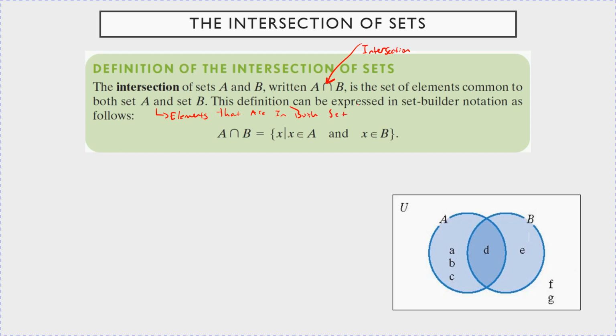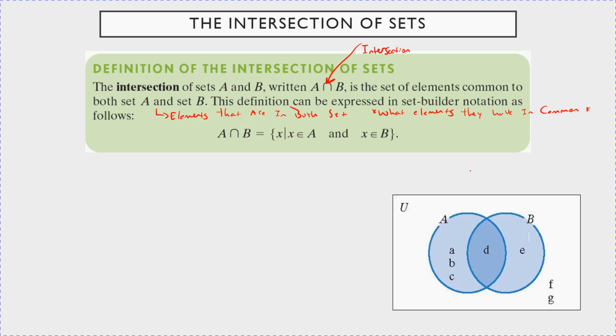Think about it as what elements are in common. This definition can be expressed in set builder notation as follows: A intersect B is equal to the set of elements x such that x is an element of A and x is an element of B.